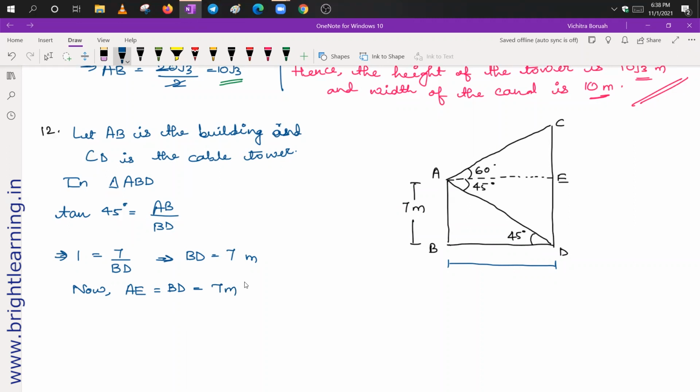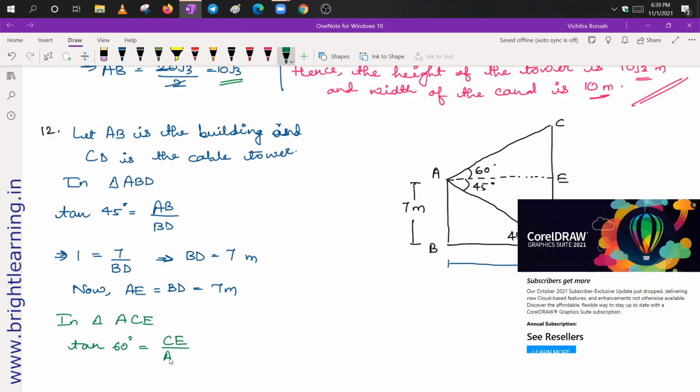Now next, CE. We will find it in triangle ACE, that is this triangle. In triangle ACE, tan 60 degrees is equal to CE upon AE.